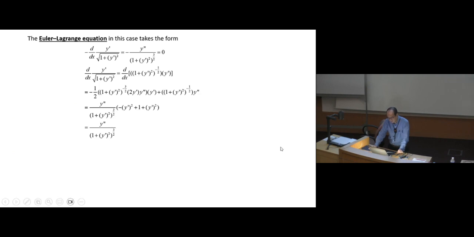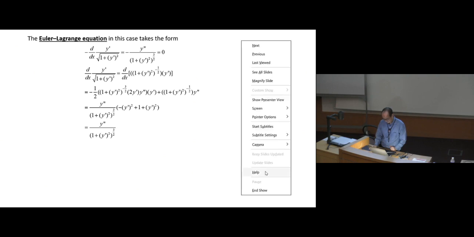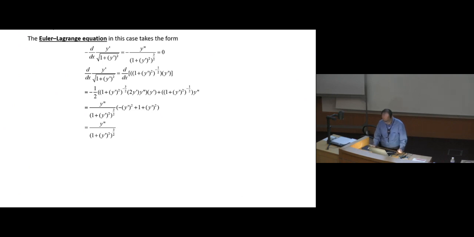So finally, the Euler-Lagrange equation in this case will take this form. This first term is 0, and then we take the derivative with respect to x of dL/dp, which is here. Let's do it slowly. This becomes a problem in calculus: how to take the derivative.